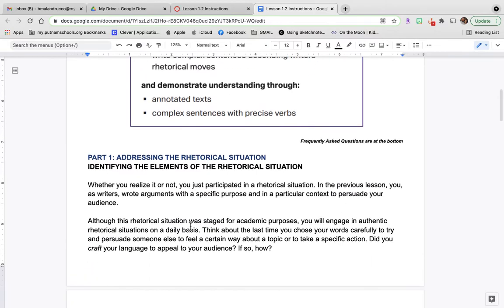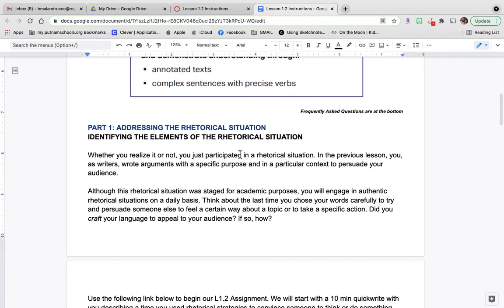So, part 1, addressing the rhetorical situation. Identifying the elements of the rhetorical situation. Whether you realize it or not, you just participated in a rhetorical situation. In the previous lesson, you, as writers, wrote arguments with a specific purpose and in a particular context to persuade your audience.